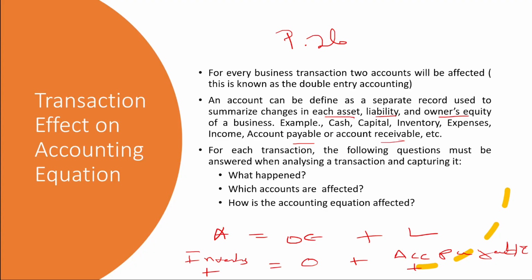So you will notice that we do have a plus on this side, we do have a plus on this side. If we did have an amount, we're going to have 20,000 here and then 20,000 here, indicating that at the end of the day, our accounting equation has to balance.